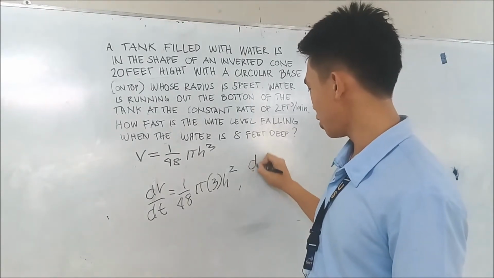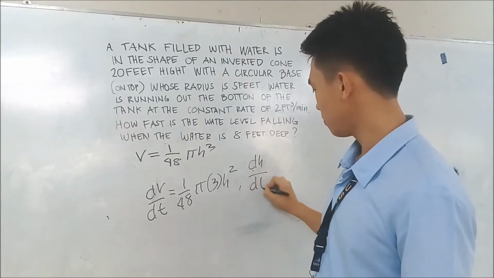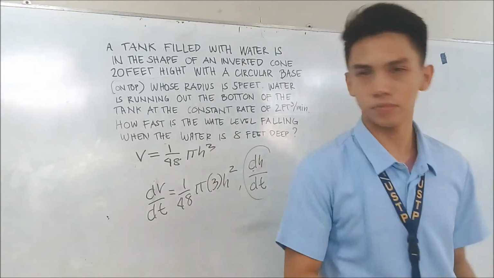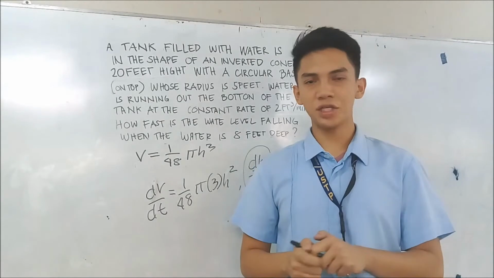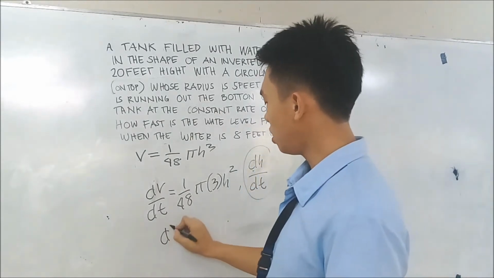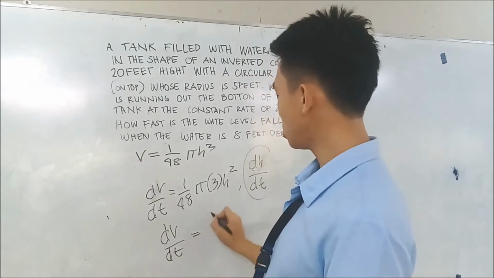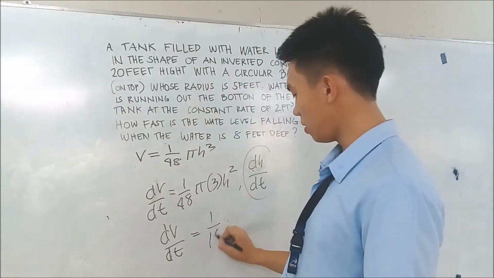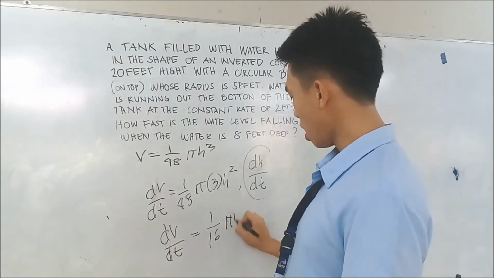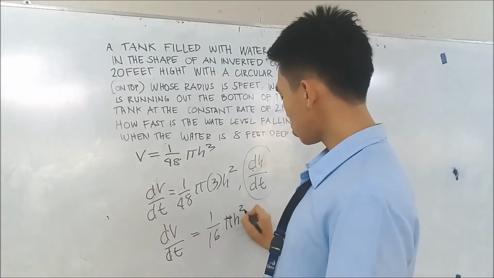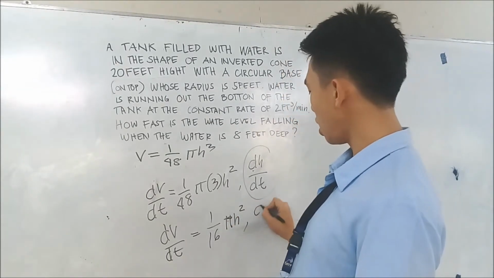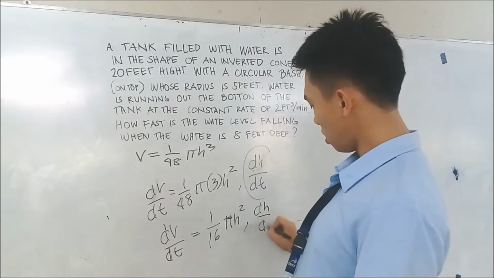And the answer is dV over dt is equal to 1/16 pi h squared. Find dh over dt.